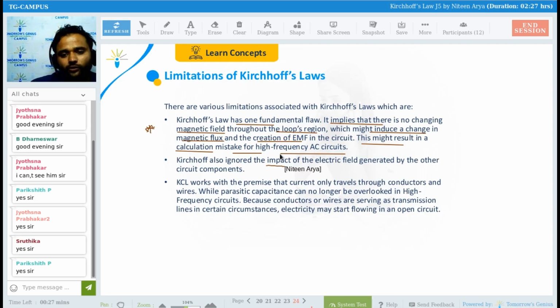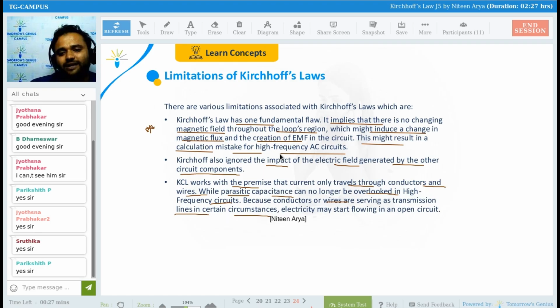Kirchhoff's law also ignores the impact of the electric field generated by the other circuit components. KCL, Kirchhoff's current law, works on the premise that current only travels through the conductors and wires, while parasitic capacitance can no longer be overlooked in high frequency circuits, because conductors or wires serve as a transmission line.